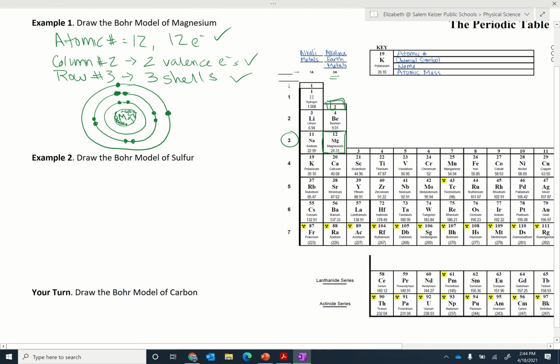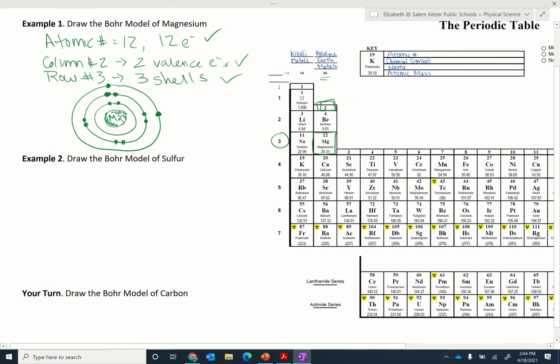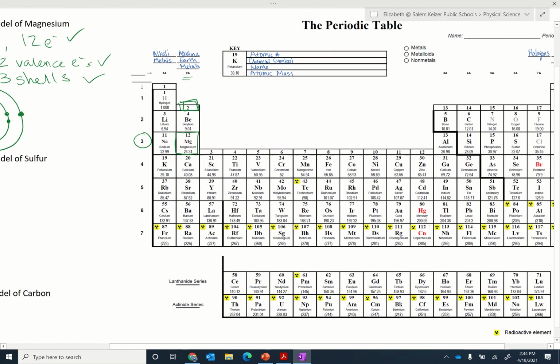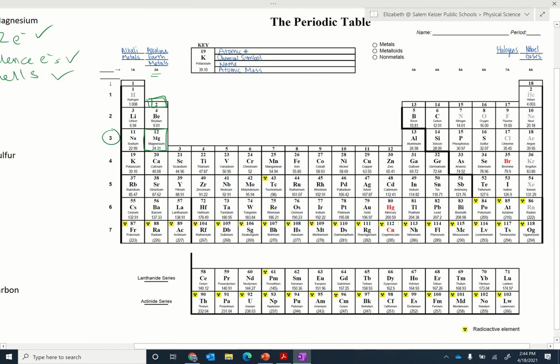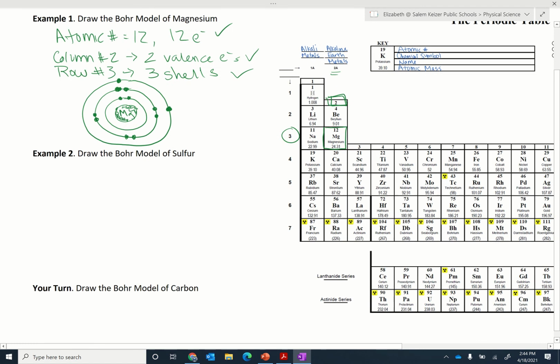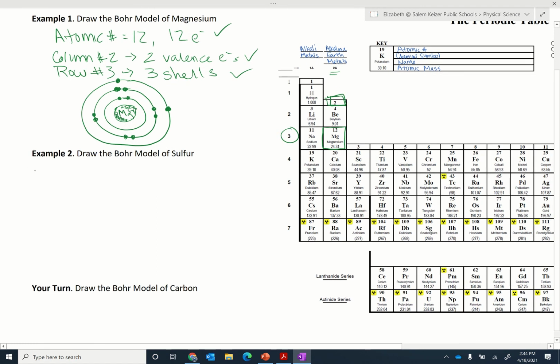Okay, so now for my second one, I'm going to draw sulfur. Sulfur is atomic number 16, so that means it has 16 electrons total.